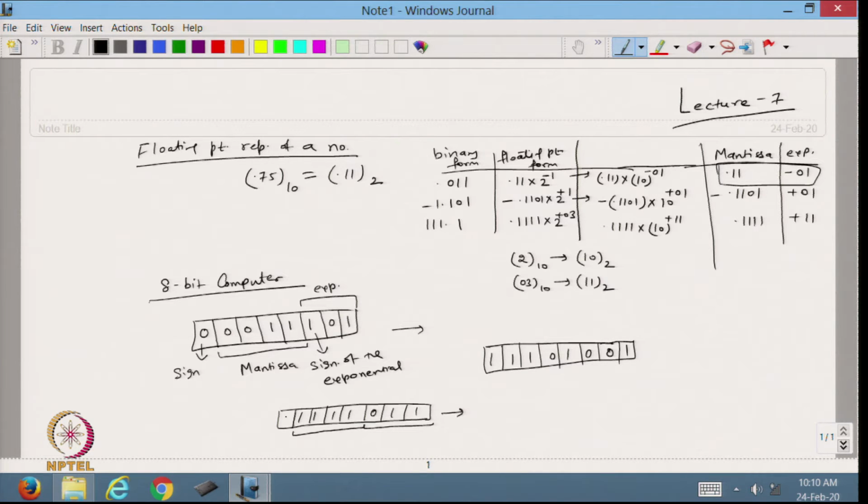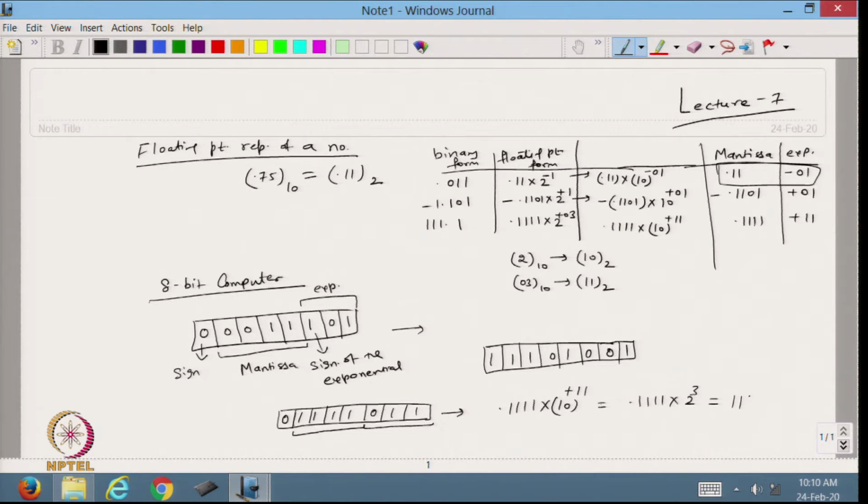This number can be written as 0.1111 into 2 raised to power 10 plus 11. It means this number is equivalent to 0.1111 into 2 raised to power 3, so I have taken 3 digits after the decimal here.